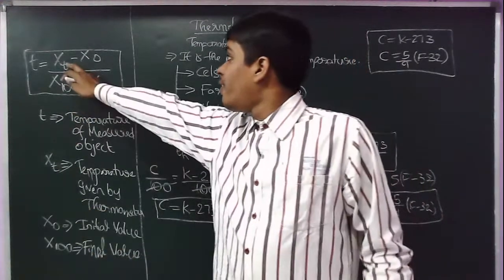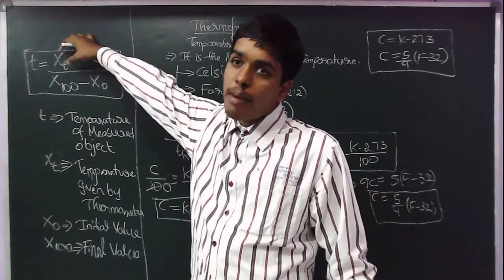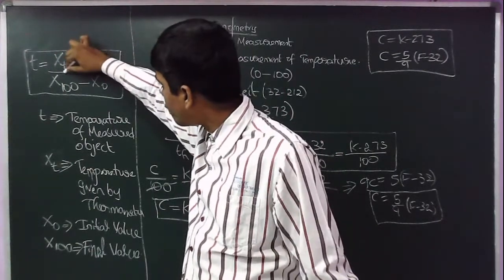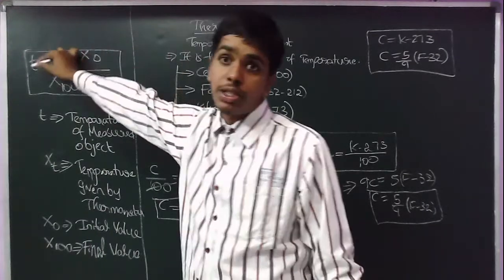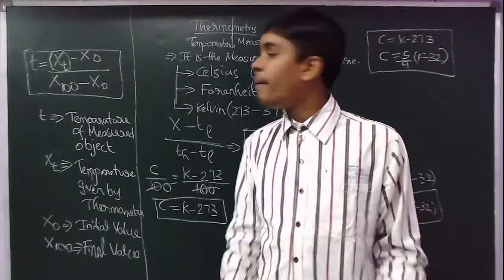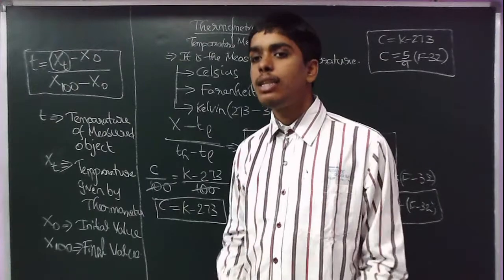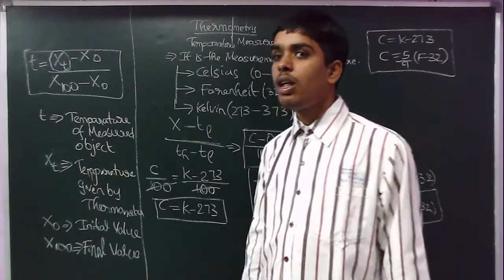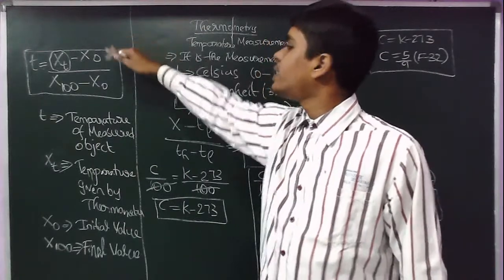Now, if the thermometer gives more or less than this temperature, then the thermometer is faulty or there is an error in the thermometer. Or if the liquid reading is equal to the body temperature, then the temperature will be the same. So let's solve a problem to understand this case. Okay.